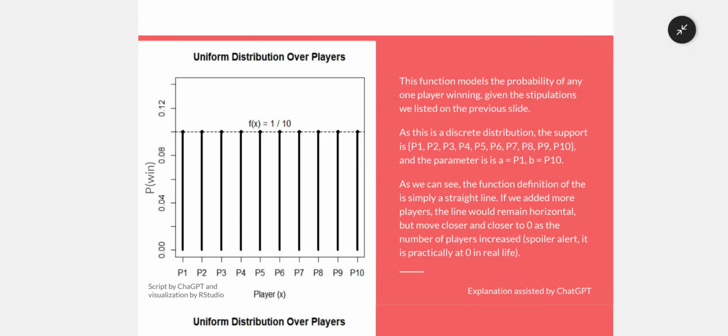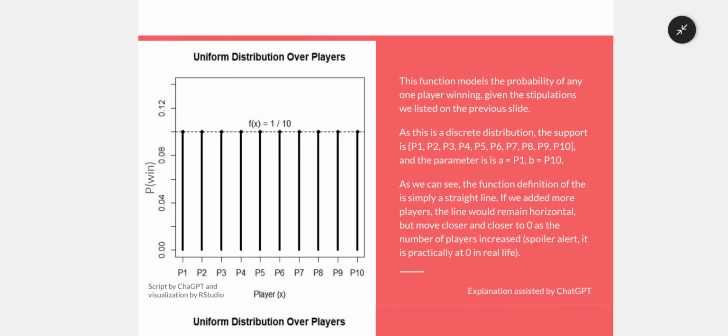That would probably be a war crime. So of course we are just going to have these distinct outcomes right here with the individual distinct players, and the parameter is simply going to be a lower bound of P1 and an upper bound of P10. So that includes both P1 and P10, but nothing outside of it, and every outcome within it.